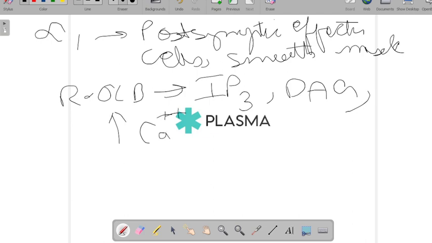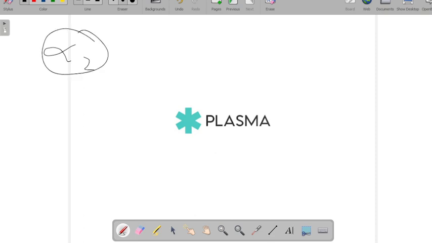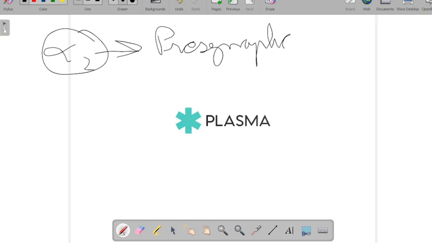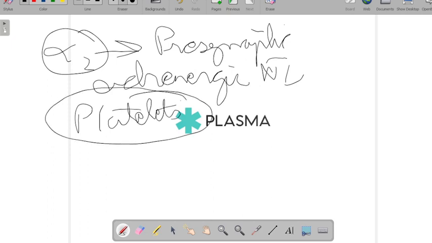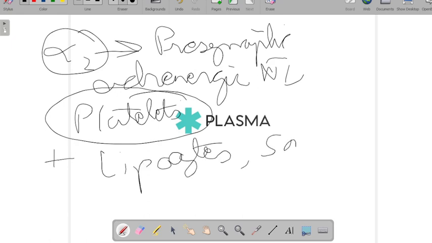Right? Now we'll discuss the alpha 2 receptor. It's present in presynaptic adrenergic nerve terminals, platelets, it's very important, and lipocytes and smooth muscle.